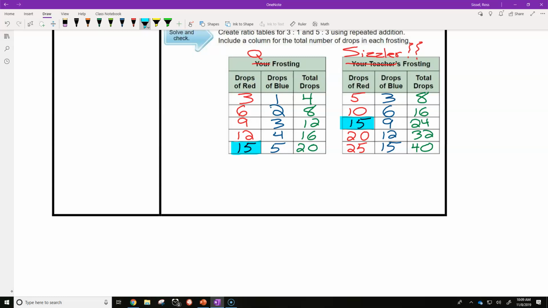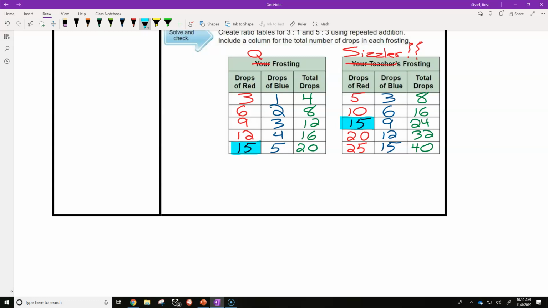I put in 15 red drops. Quentin put in 15. Whose is more red right now? If I put 15 in and he put 15, whose is more red? Neither. Equal. Now, every time we add 1 drop of blue, it's going to be less red, correct? When Quentin put in 15 drops, he's going to put in 5 blue.